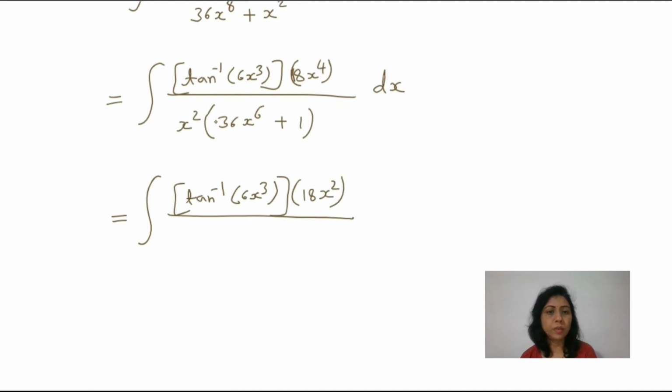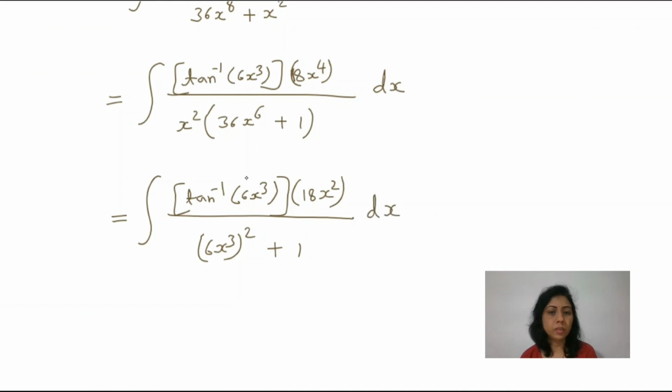In the denominator, 36 we can write as 6 square, and x to the power 6 we can write as x cube then square, so 6x cube is squared. So we get 6x cube whole square plus 1 square, dx.